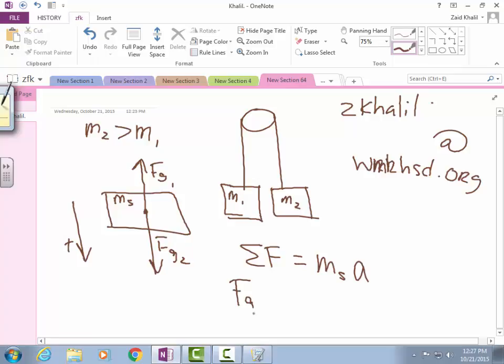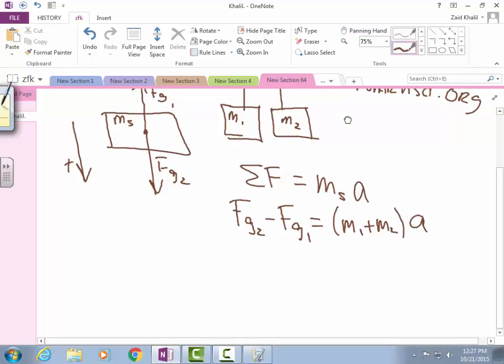You have Fg2 minus Fg1 equals, what's the mass of the system? M1 plus M2, right, times A. What does this equal? M2G minus M1G equals M1 plus M2 times A.